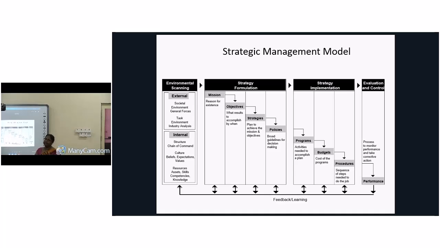For example, say a university has a particular culture called ragging culture. That element is not good for organizational goal achievement. It is not good for the health of the university. So certain cultures are not good, and also some elements are good.